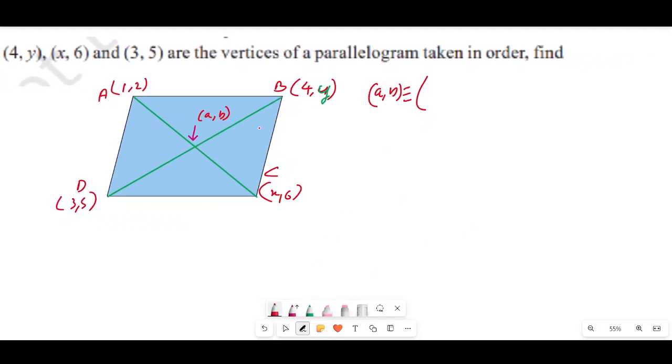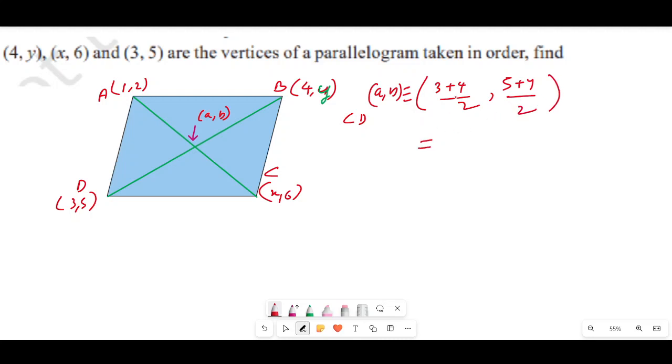For this line, for line CD, a comma b will be (3 plus 4) by 2 and (5 plus y) by 2.